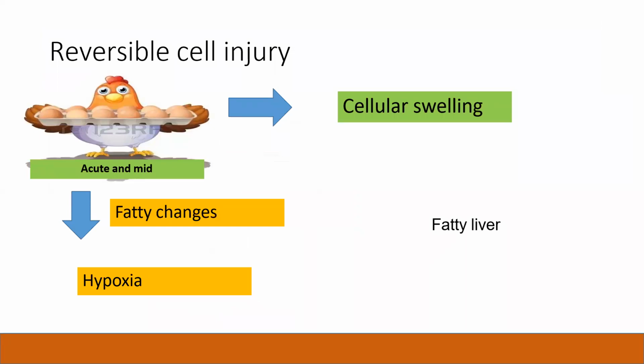So then the reversible cell injury. Reversible cell injury is of two types. One is acute or mild, like cellular swelling and fatty changes, fatty liver, because of hypoxia.